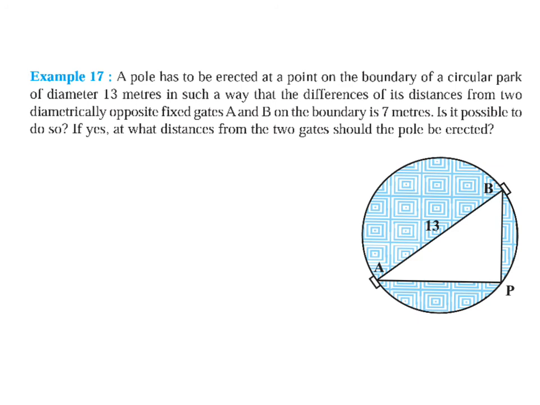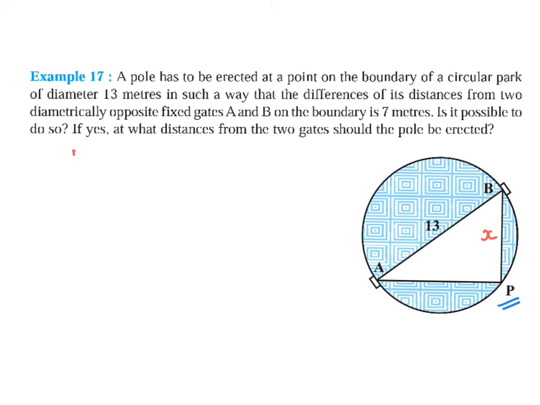So let us consider P to be the required location of the pole. Let the distance of the pole from the gate, B to P, be x meters. The question says that the difference of the pole's distances from the gates is 7 meters.